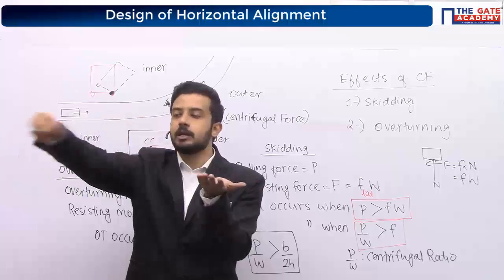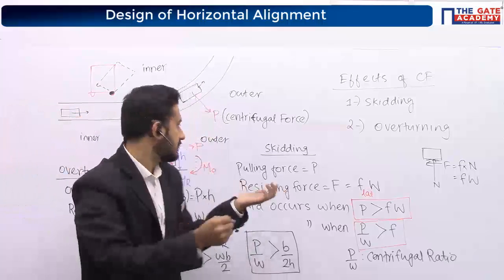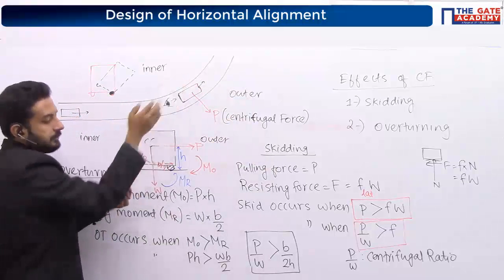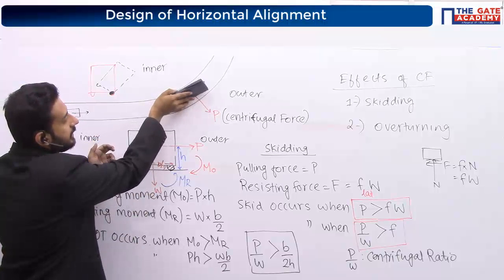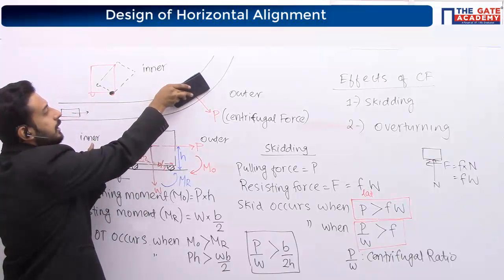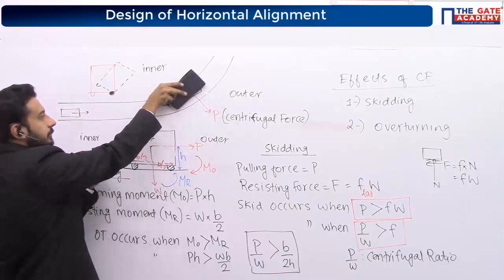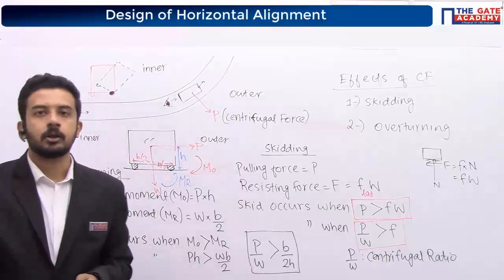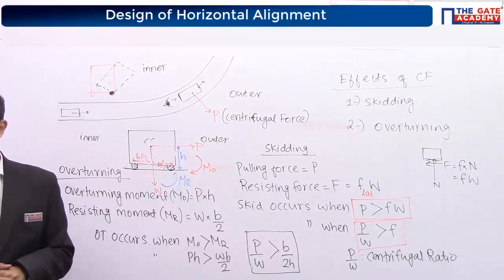Because the overturning force is towards the outer side. Since the force is towards the outer side, about the outer point it is going to overturn, and finally it will come like this. From this position, it will come like this. Now understood? Okay. So about the outer tire, it is going to overturn.